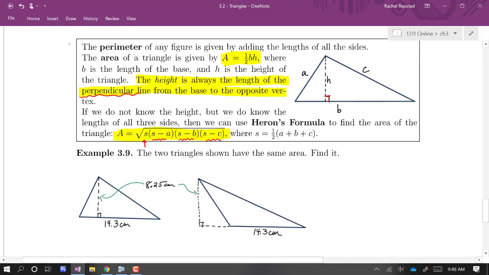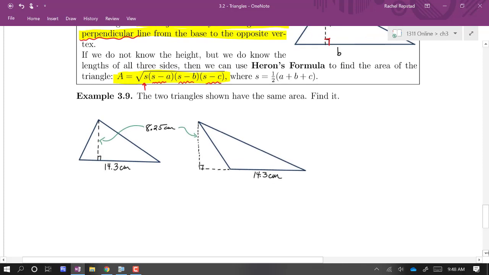That's the easiest. So in example 3.9, these two triangles have the same area. We could see they have the same height and they have the same base length. So the area is 1/2 base height, so that's 1/2 times a base of 14.3 centimeters times a height of 8.25 centimeters.